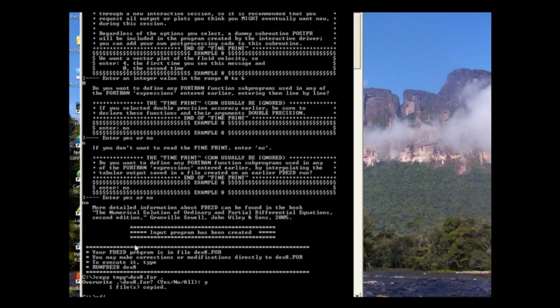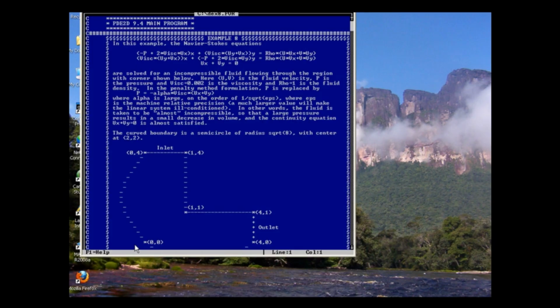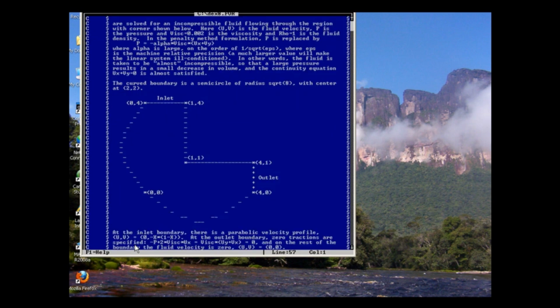Again, whether you use the GUI or interactive driver interface, the final result is a Fortran program which is written for you. And again, you can make modifications and corrections to the Fortran with an editor. Again, all the parameters you input are here. They can be changed at this point. The questions you were asked during the interactive session are repeated as comments.